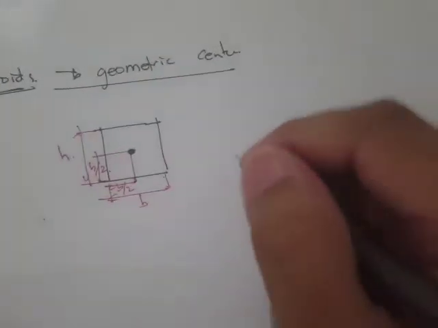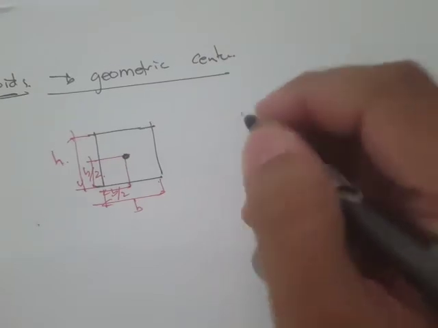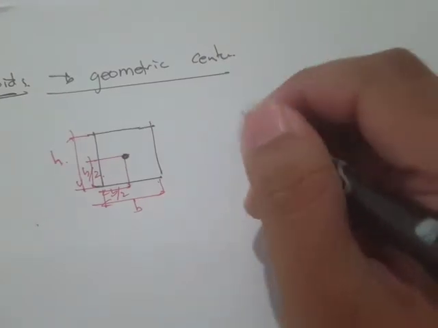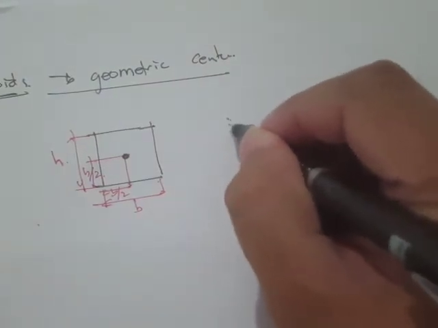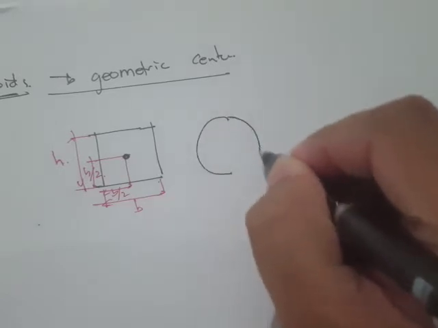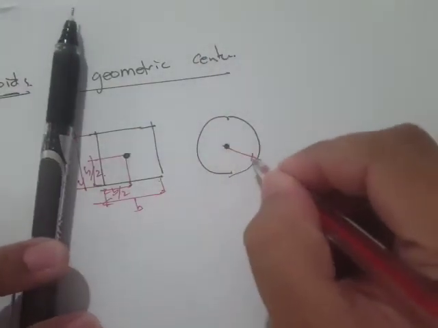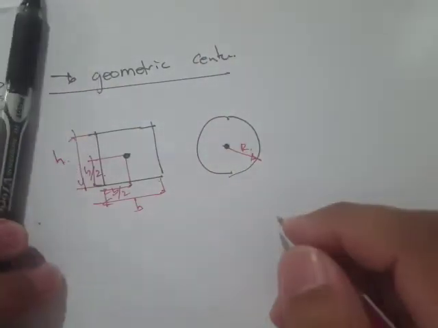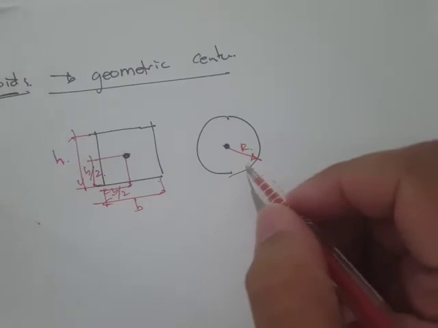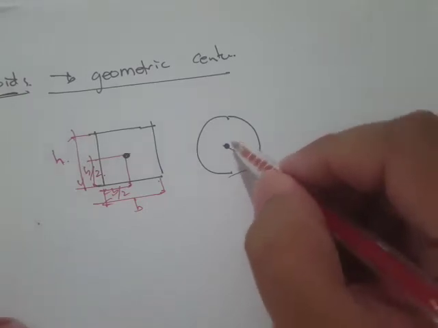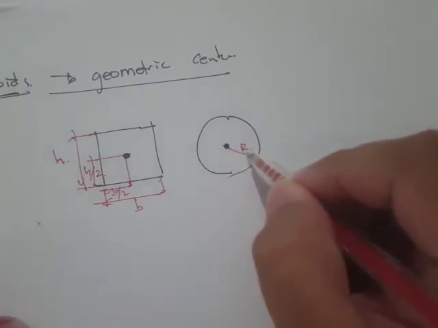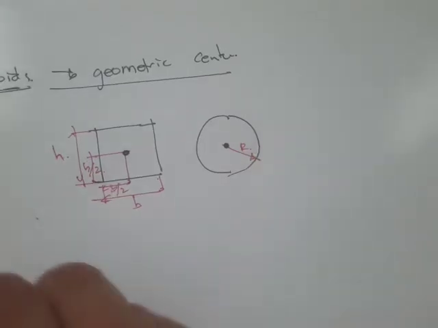Now for a circle, if this is our circle, then we have a radius, and of course the center is just equal to the radius.